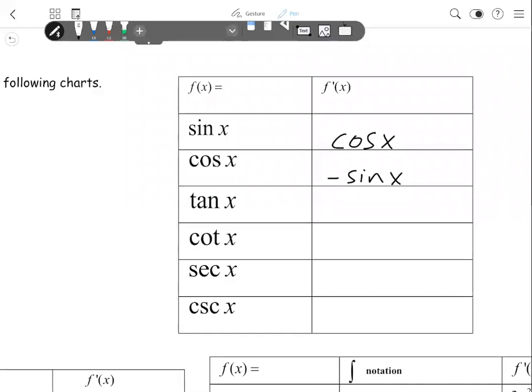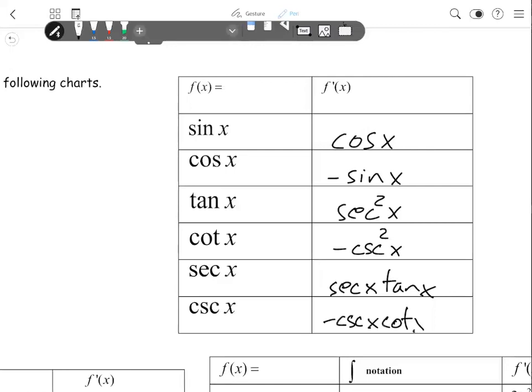The derivative of tangent is secant squared of x. Derivative of cotangent is negative cosecant squared x. And the derivative of secant of x is going to be secant x tangent of x. And the derivative of cosecant is negative cosecant x cotangent x.